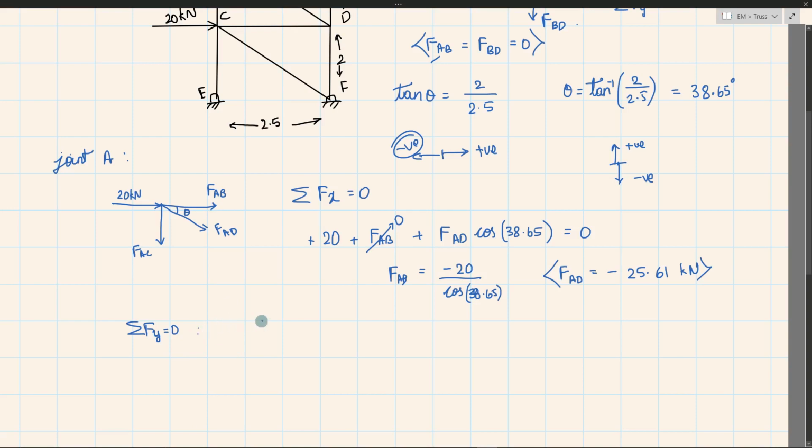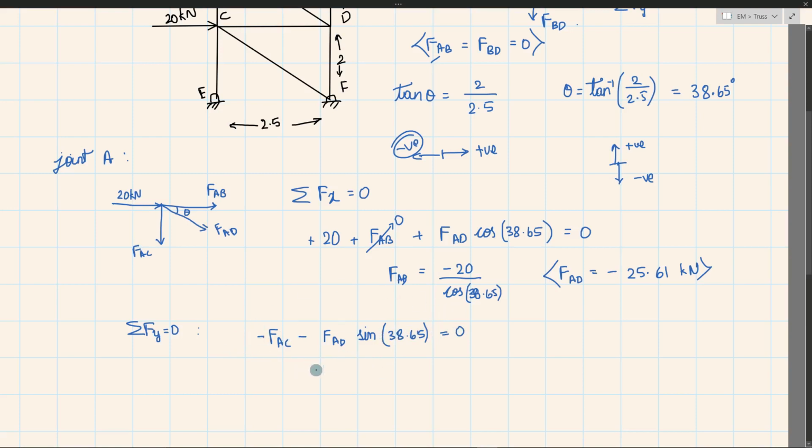Okay, so sigma Fy is equal to 0, the other condition for the static equilibrium. So according to this, we'll have to equate all the vertical forces. So minus FAC minus FAD sine of 38.65 is equal to 0. There are only two vertical forces. I can take negative common and cancel out the minus.